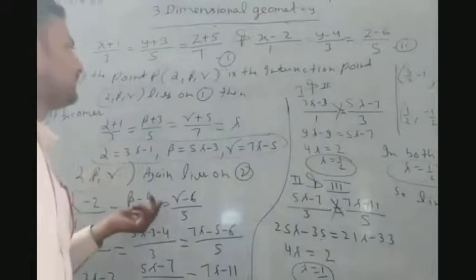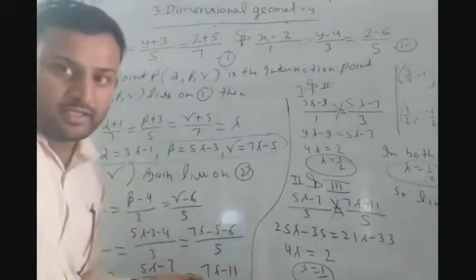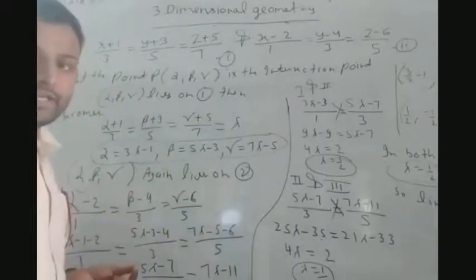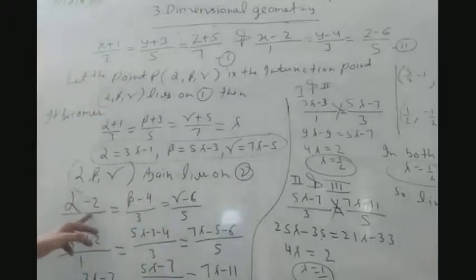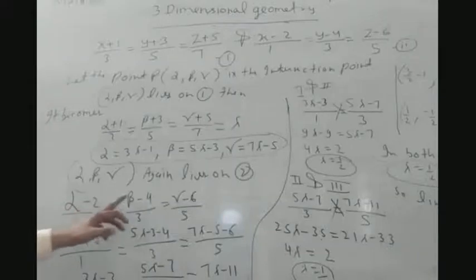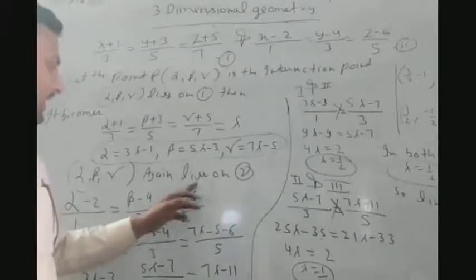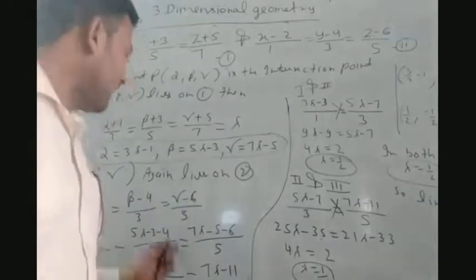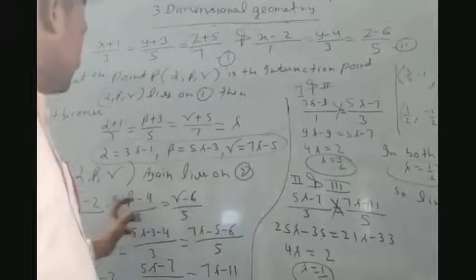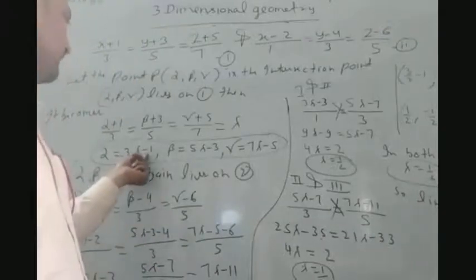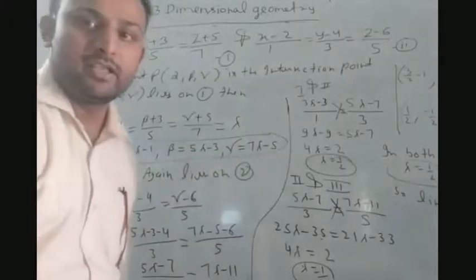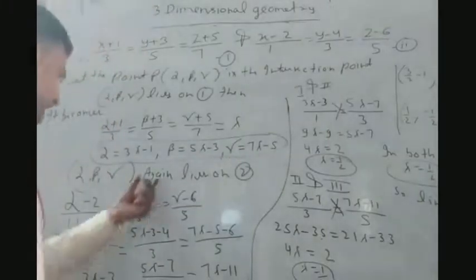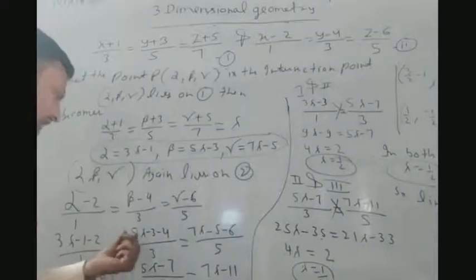Now we know that this point again satisfies the second line because this is the intersection point of both lines. So for the second line, we write alpha minus 2 by 1, beta minus 4 by 3 and gamma minus 6 by 5. And you know the values of alpha, beta, gamma are 3 lambda minus 1, 5 lambda minus 3, 7 lambda minus 5. So we substitute these values in this equation.